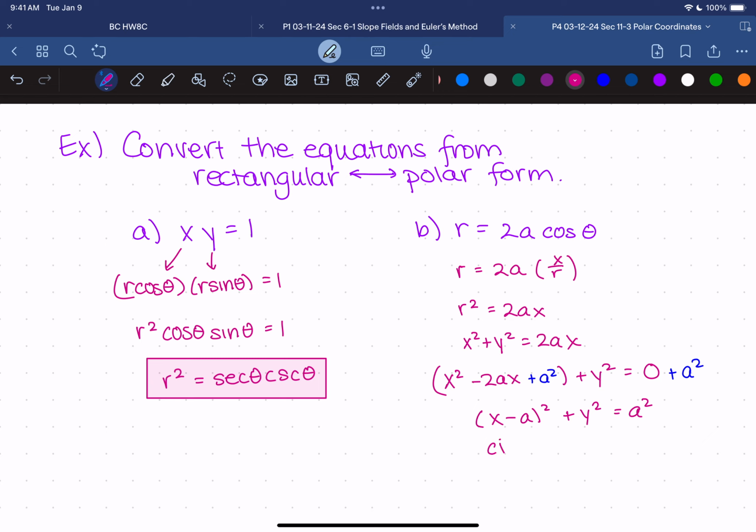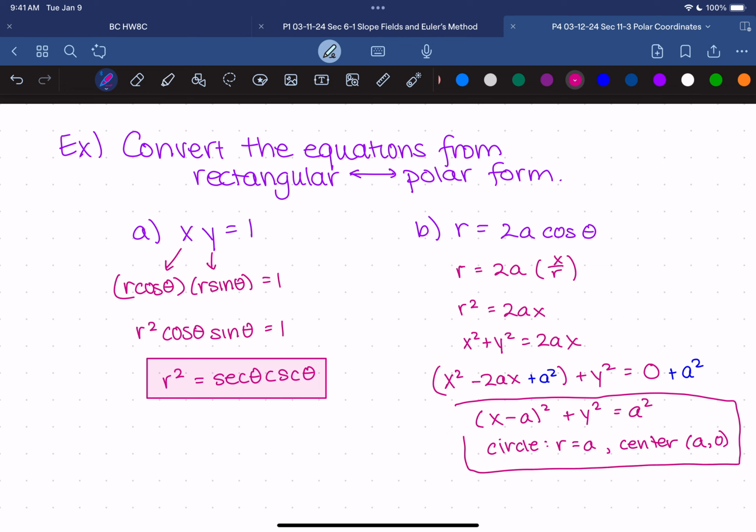And now we know it's a circle. Radius is a, center is a, 0. So it's a little nicer to put it in that form. So there's converting.